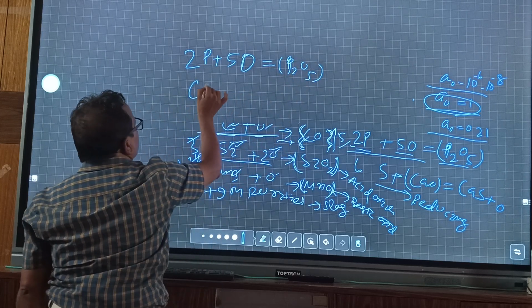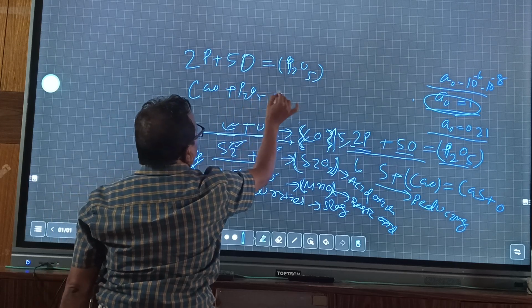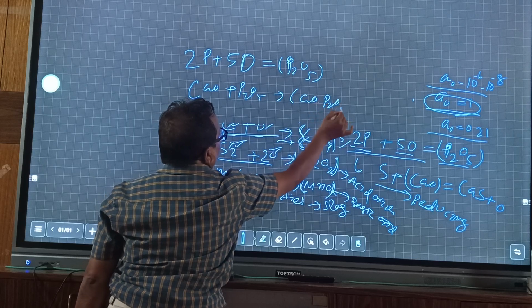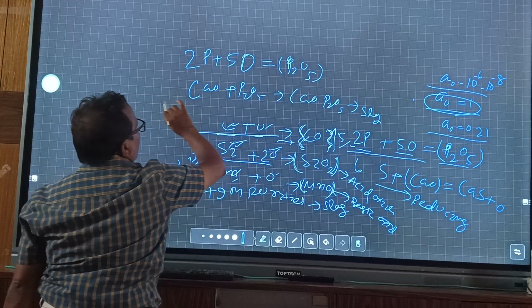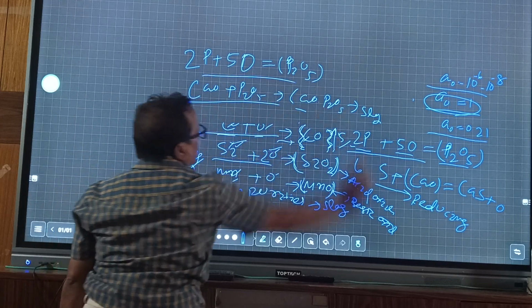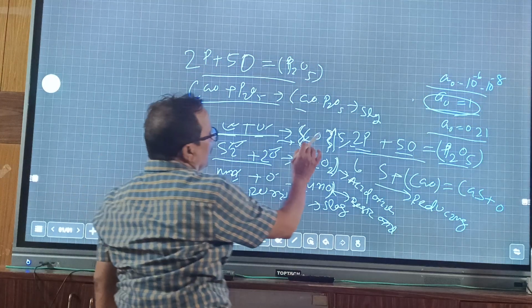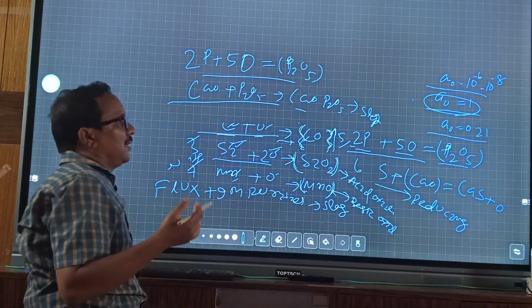Then we add CaO plus P2O5 to form CaO·P2O5. This is also slag. In this way, the lime reacts with the phosphorus pentoxide to form a slag. The second stage is generally removed.